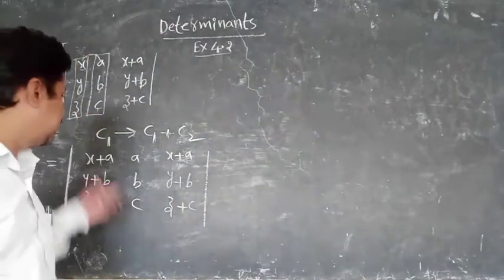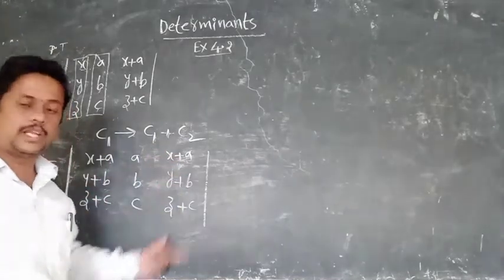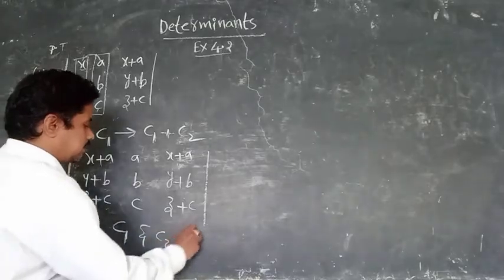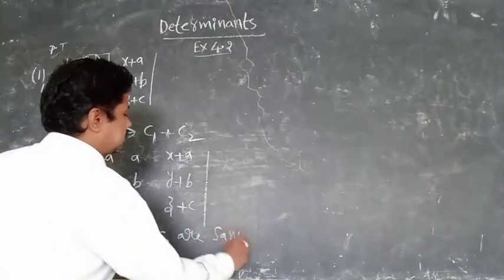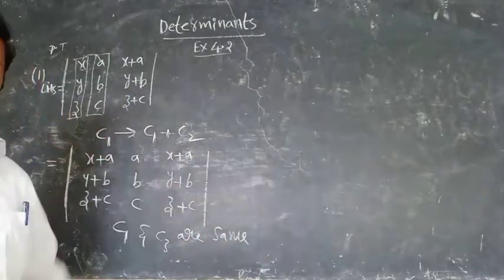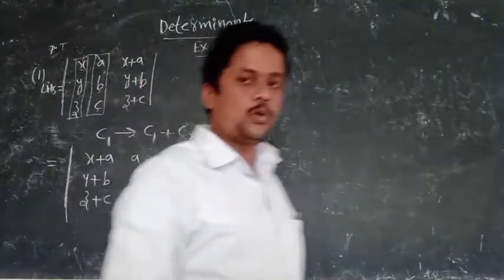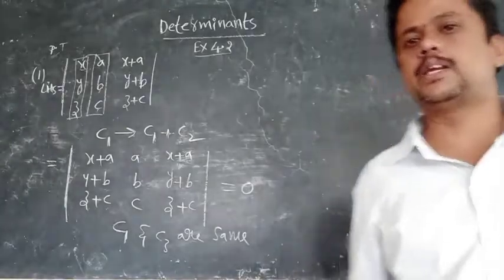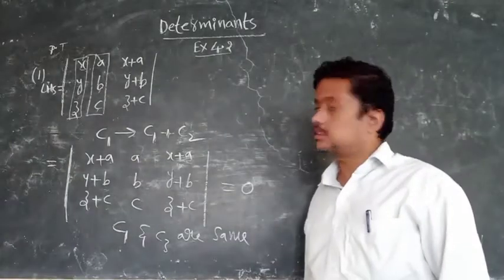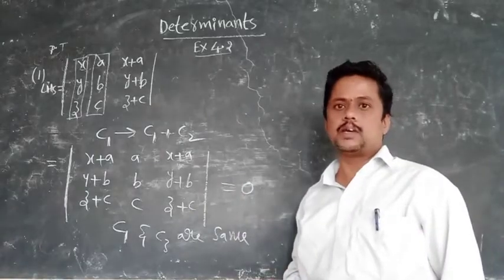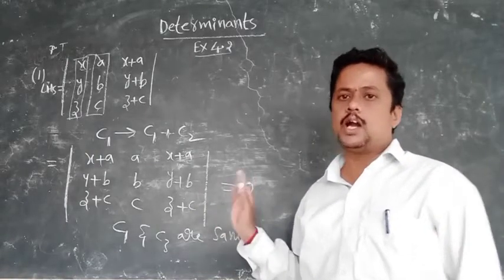Here column 1 and column 3 are the same or identical. Therefore this determinant value is 0. Like that you have to simplify. Very easy problem now. You have to think like that.